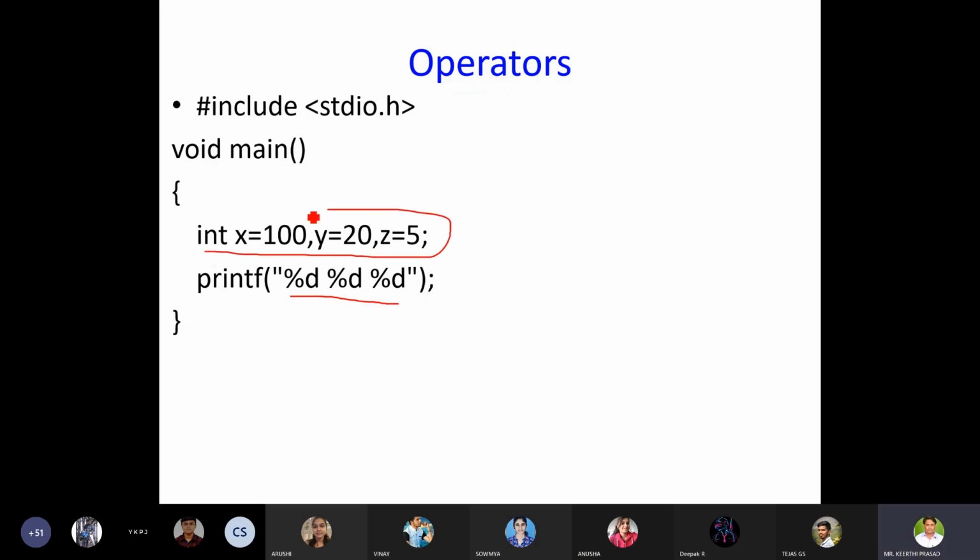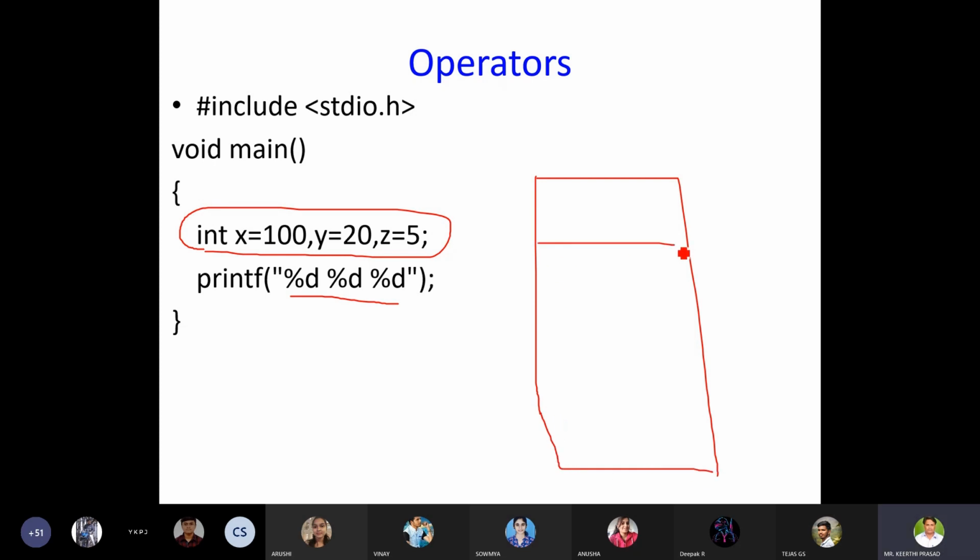You know the organization of memory, right? Your memory is divided into four segments: code segment, stack segment, heap segment, and data segment. Order may be different; we will not bother about order. So what will be there in the code segment?